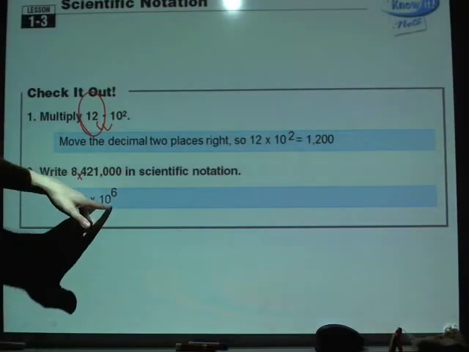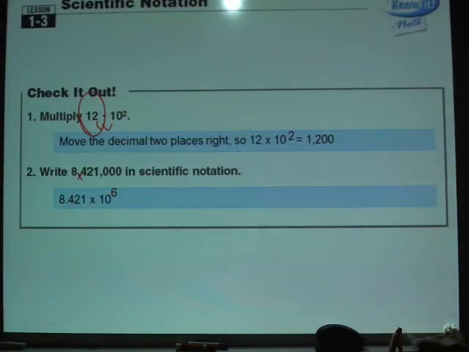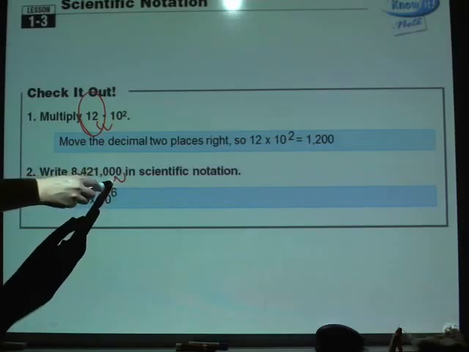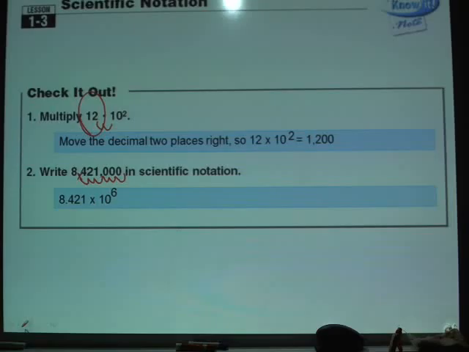Remember, it's always then times 10 to the something, and we have to figure out what the exponent is. The exponent is simply based on how many times we move the decimal to generate that 8.421. So I move the decimal 1, 2, 3, 4, 5, 6 times, so the exponent becomes a 6, and that's my final answer: 8.421 times 10 to the 6.